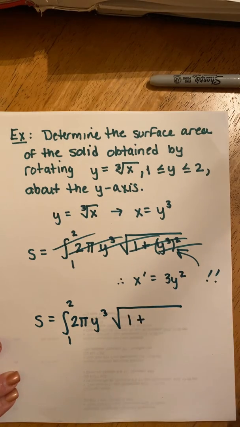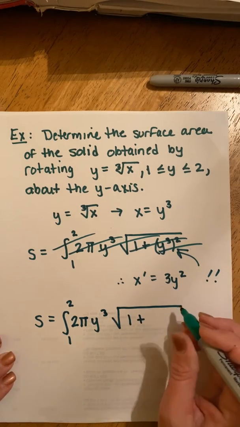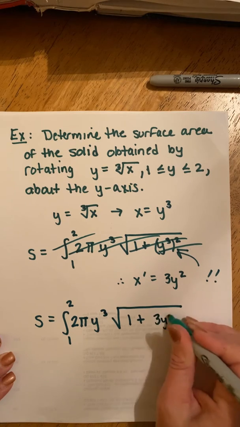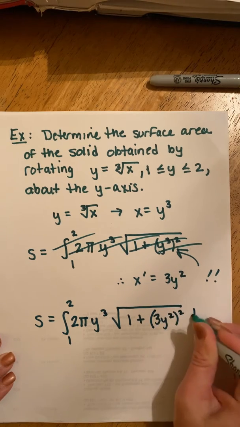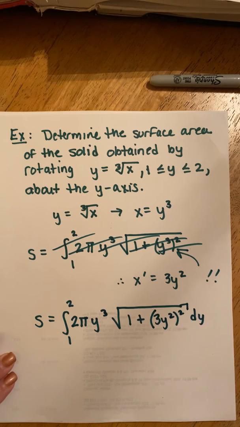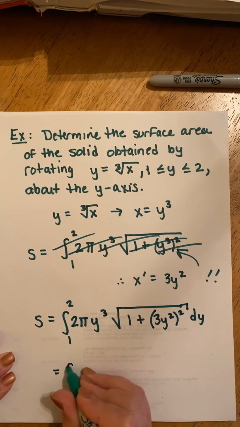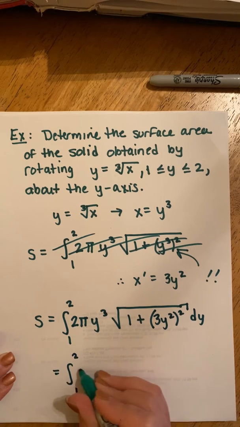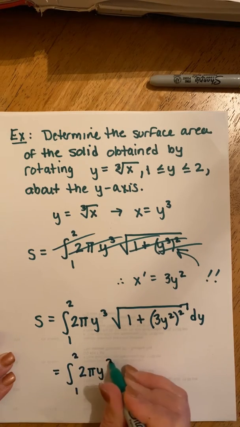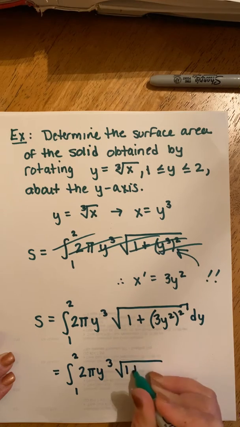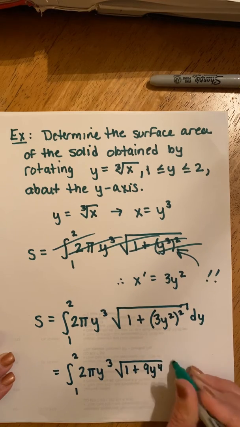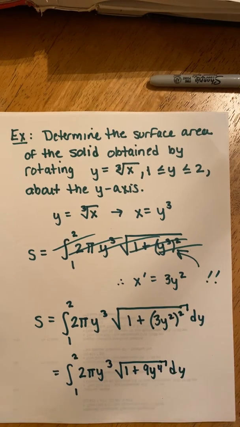I did that in a couple of the problems with the arc length too. 3y squared, much better. And then this actually becomes much easier to integrate if you do the work properly. So really what I'm integrating is 2 pi y cubed, the square root of 1 plus 9y to the 4th dy.